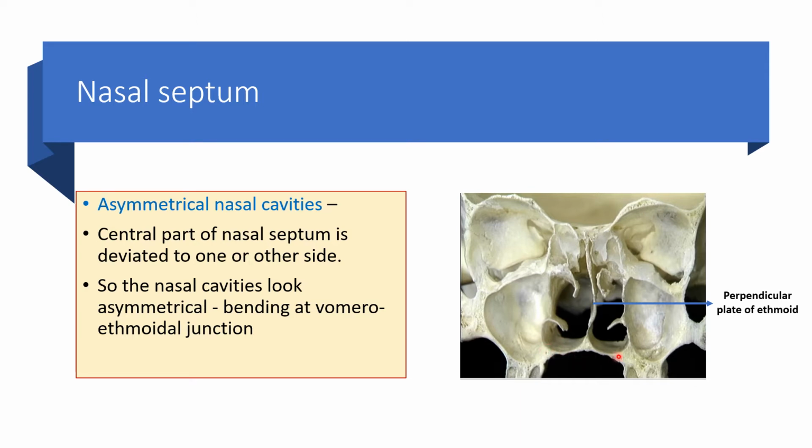This is the floor of the nasal cavity formed by the palate, and here you are seeing the roof of the nasal cavity formed by the ethmoid bone.